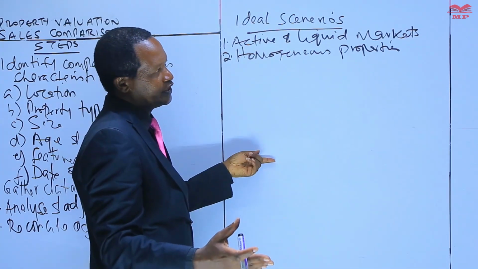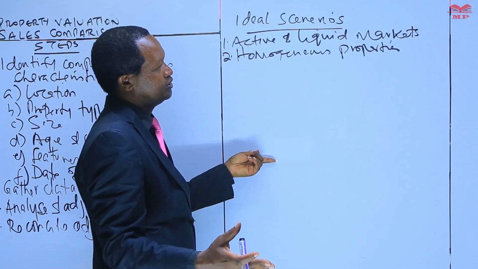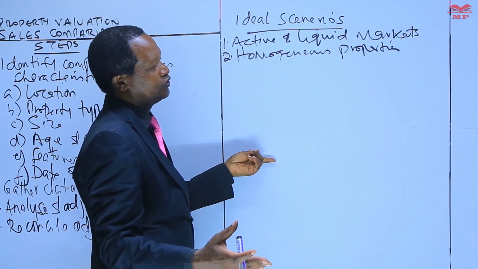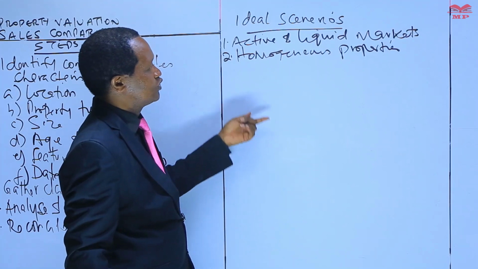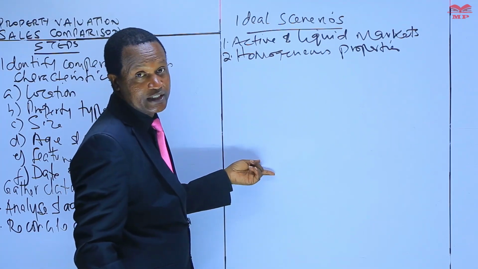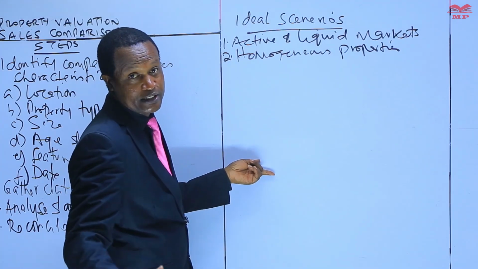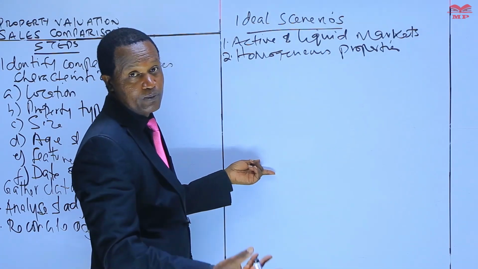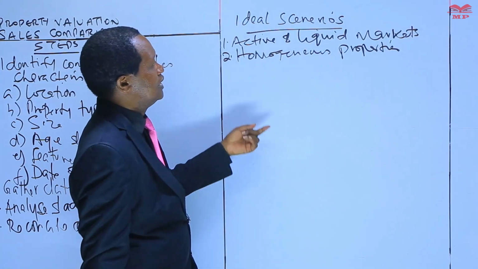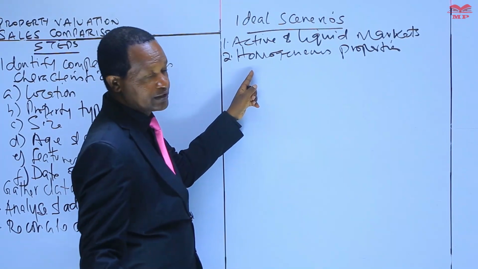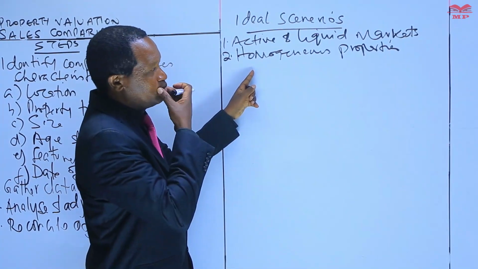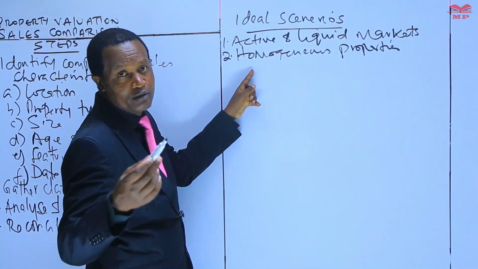So if one of the houses is to be valued, then we can look at the selling prices of similar houses in the same complex. That's what we are referring to as homogeneous or standardized properties, homogeneous group. So that is another situation that will cause an appraiser to apply the sales comparison method when valuing property.